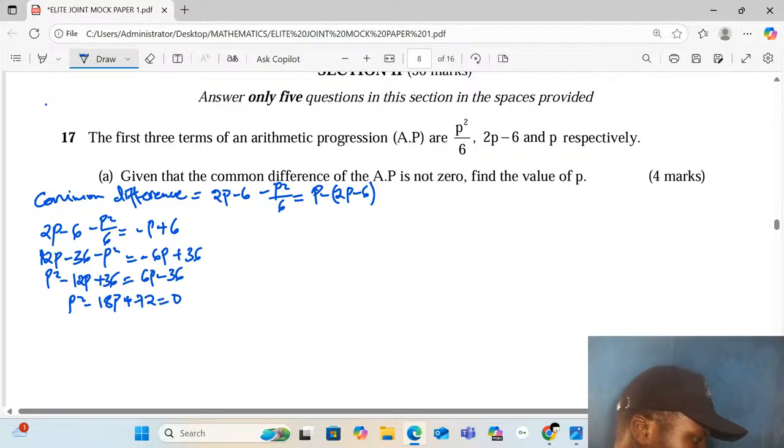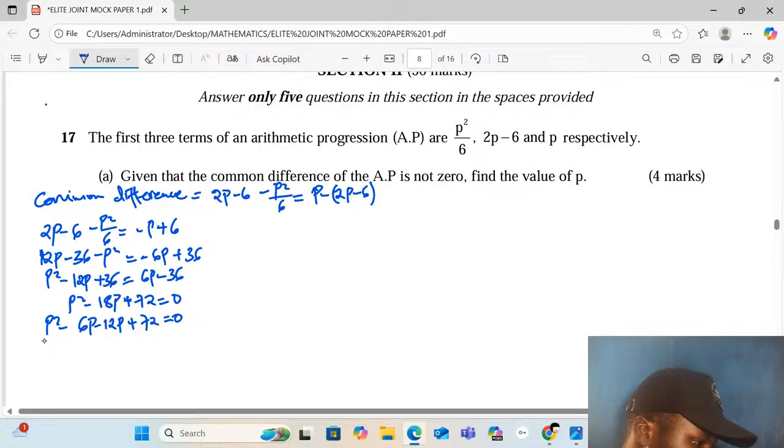Now we have our equation. We now solve it, making this p squared minus 6p, that 18p we separate, so that it becomes 6p minus 12p, then plus 72 equals to 0.